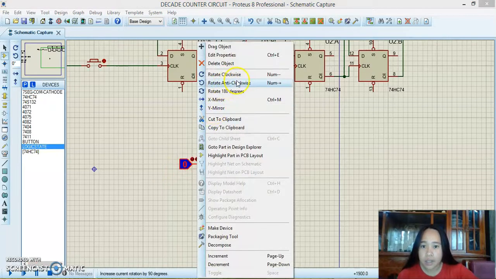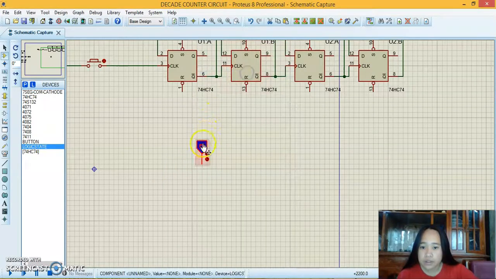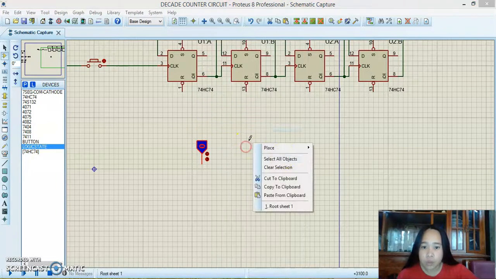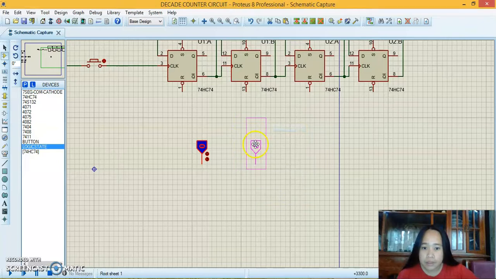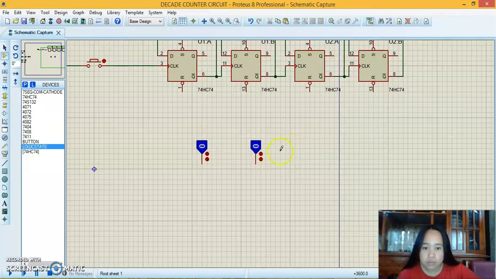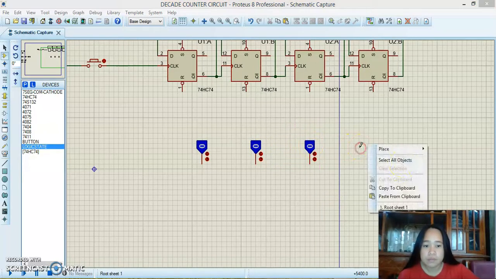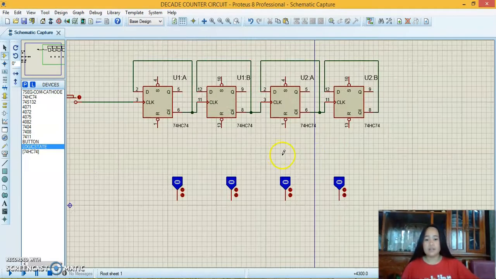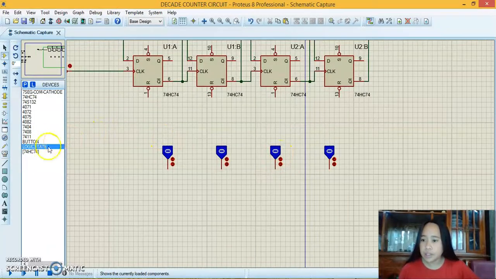Rotate clockwise. You can copy to clipboard to make it easier. Paste. Next we need an inverter.